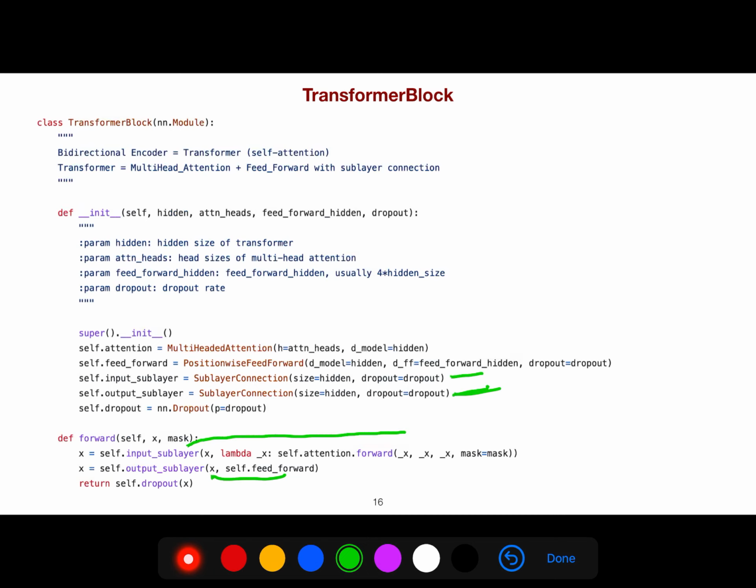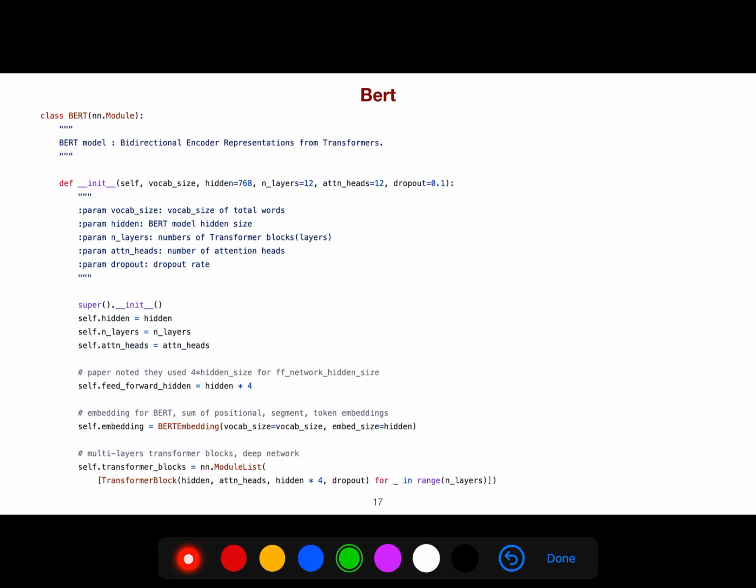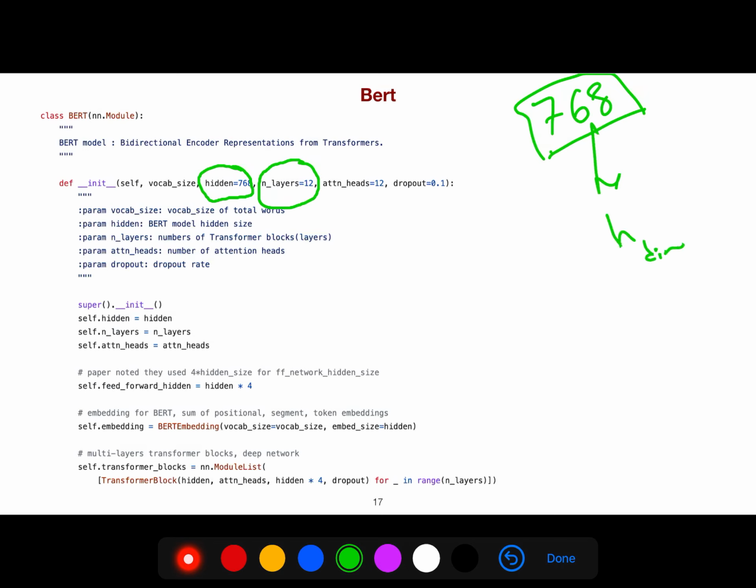It's a standard transformer block, and you can just add these and create bigger and bigger architectures. But BERT, as I said, has 12 of these layers, and the default hidden size is 768, the dimension of the hidden state.